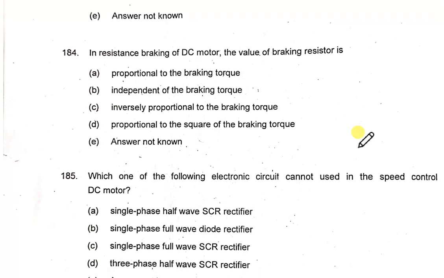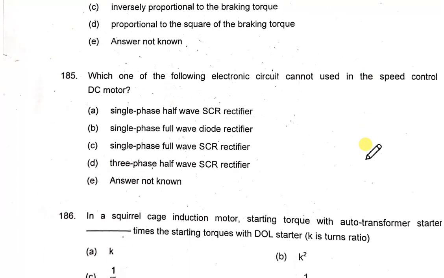In resistance braking of DC motor, the value of braking resistor is proportional to the braking torque. Which one of the following electronic circuits cannot be used in speed control of DC motor? I think the answer is single phase full wave diode rectifier.